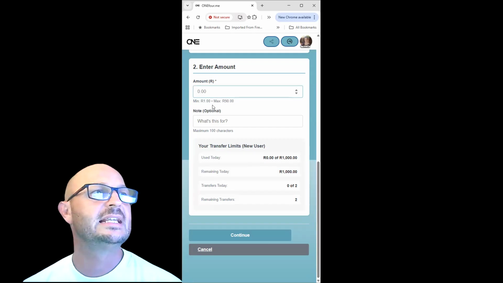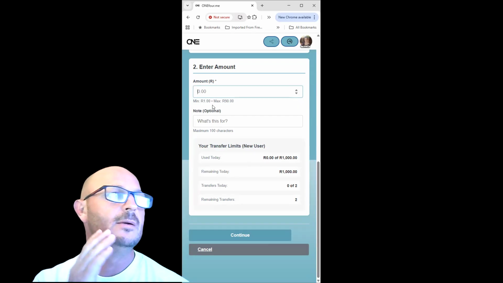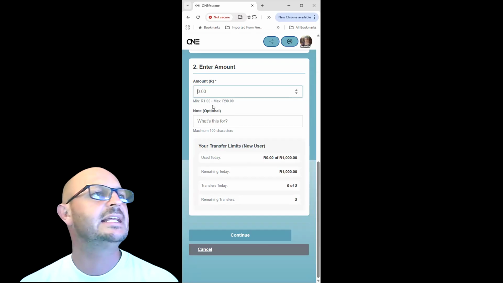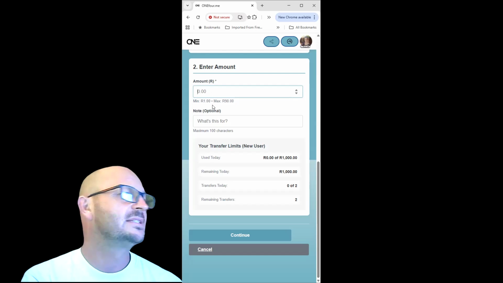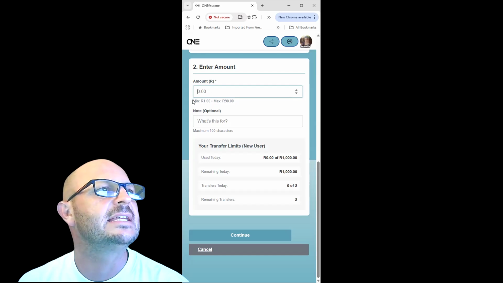You can transfer as little as I think 1 rand. So you can transfer small amounts to large amounts. So that is just basically a transaction from one wallet to another wallet. Okay. So yeah, I can see here that it says that the minimum is 1 rand.